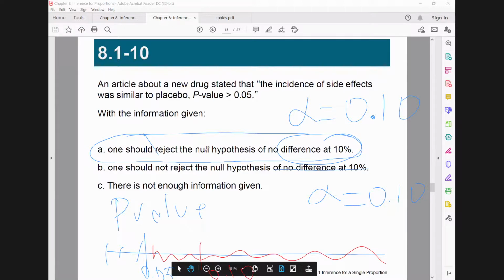Are you sure the p-value is less than 0.1? When we tell you the p-value is greater than 0.05, are you sure it's less than 0.1? The answer is no, it could be greater.